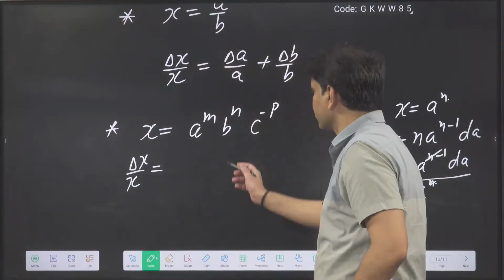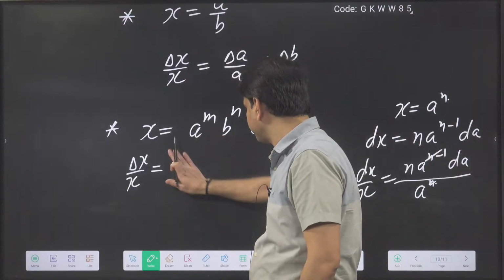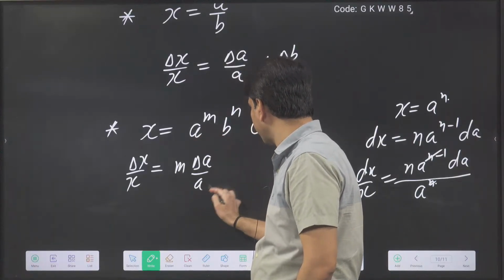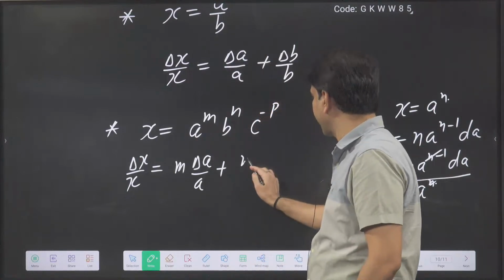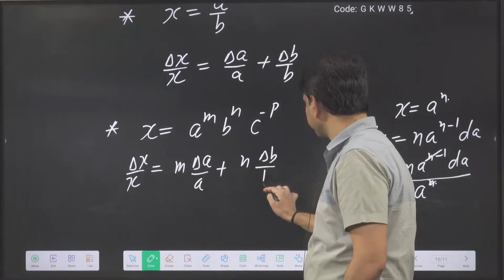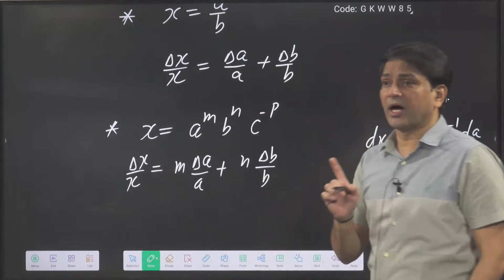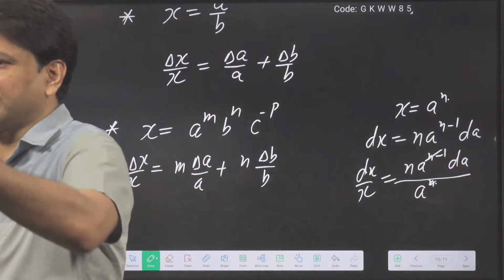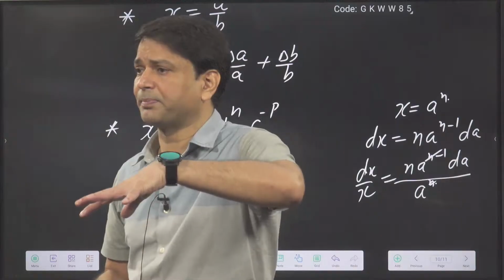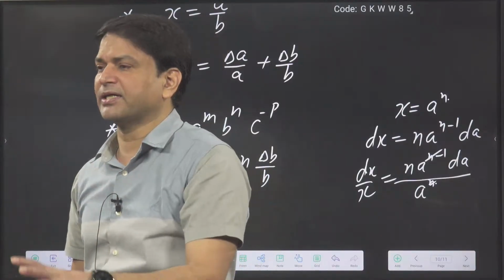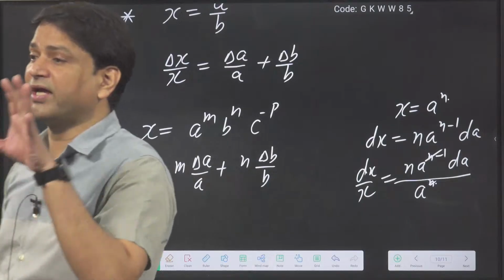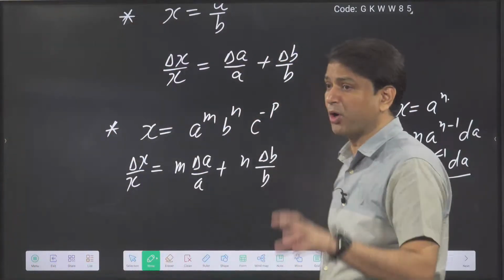Okay. So here the power is m, so I will write m into delta a by a, plus what is the power here? n into delta b by b. And c's power is negative, basically c is upon c to the power p. But whether it is a multiplication or a division, power positive or negative, we are always calculating the maximum possible error.